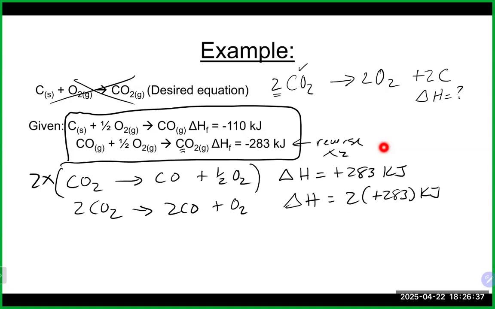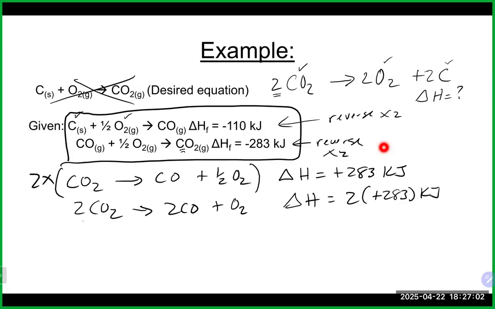The next one I'm going to look at is O2 here. O2 is on the right-hand side, and I have the carbon on the right-hand side here but on the left-hand side in the other. So I know I need to reverse the top one to get everybody to the correct side. And I also need to multiply it by 2 in this case.